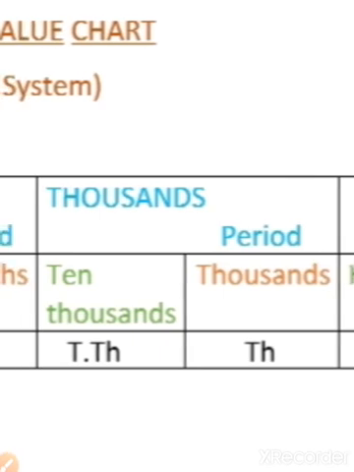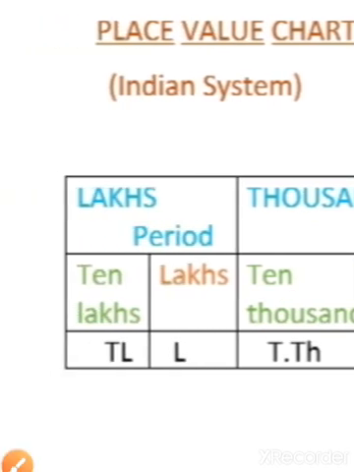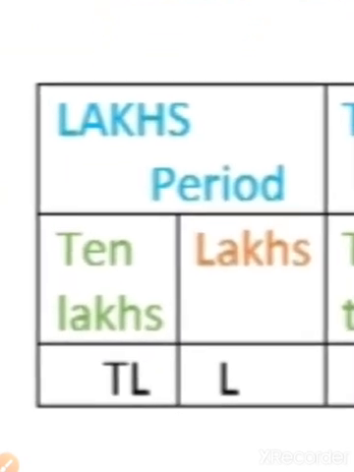Students, now you can see the thousands period. Thousand period is also divided into two columns. First column is the thousands. In short, we write TH for it. And the second column is for 10,000s. In short, it is written as TTH. Students, now you can see the lakhs period.